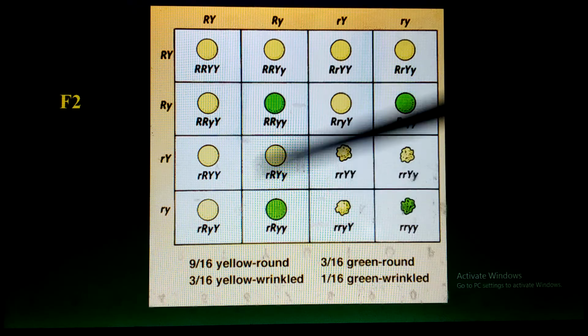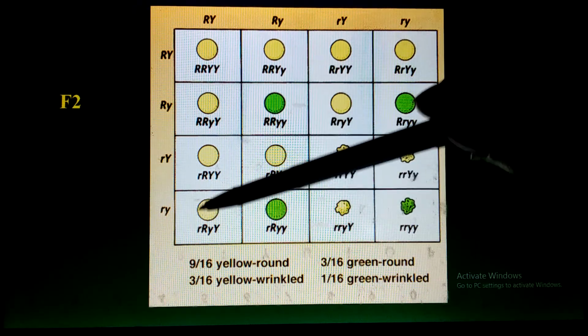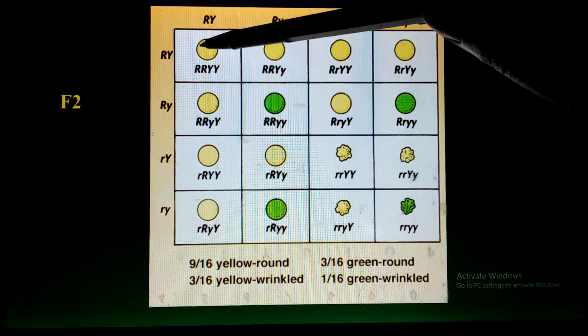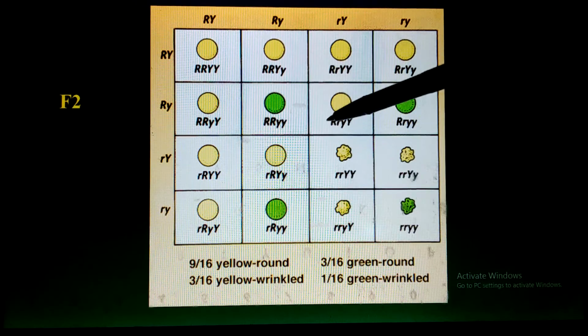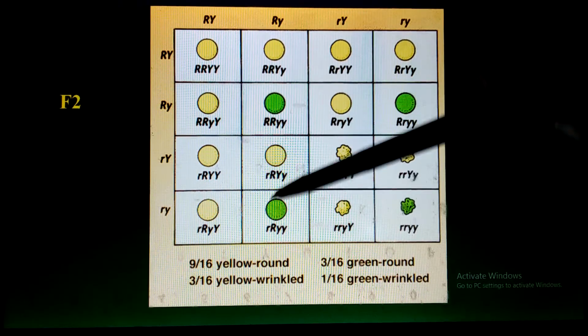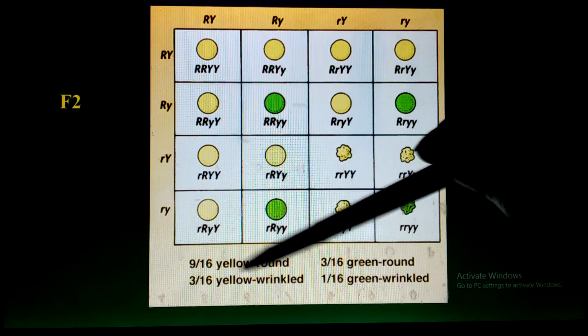So the phenotypic ratio: out of how many offspring are produced in the F2 generation? Count this. 1 2 3 4. So 4 times 4 means there are 16. Is it clear? There are 16 in total. You count this. These are 16. Out of 16, 9 are round and yellow.